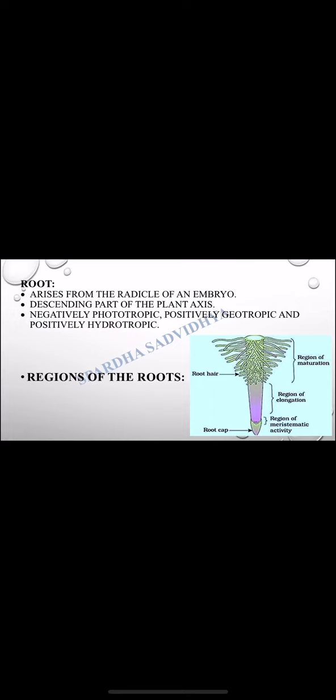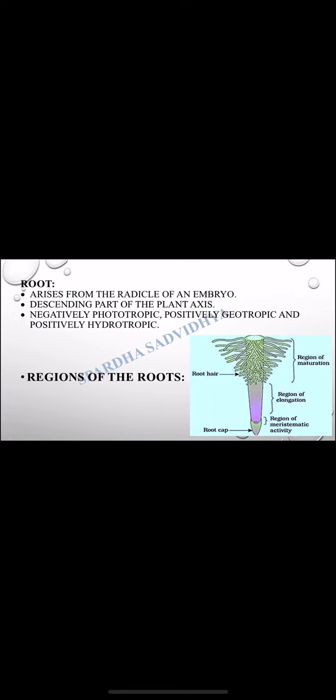Next is the regions of the root. The root has many regions. First, at the apex it has a root cap. The root cap protects the tender root. Above the root cap are actively dividing cells; that region is called the region of meristematic activity. Above it, once a cell attains division, it starts to elongate and enlarge, so that region is called the region of elongation.